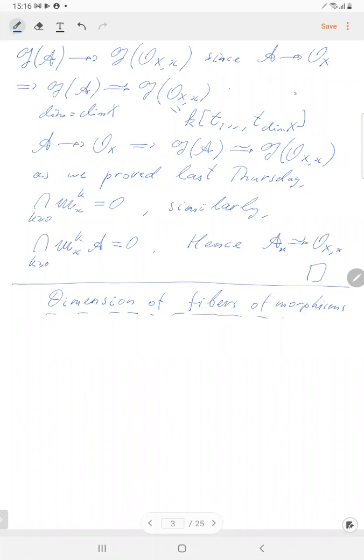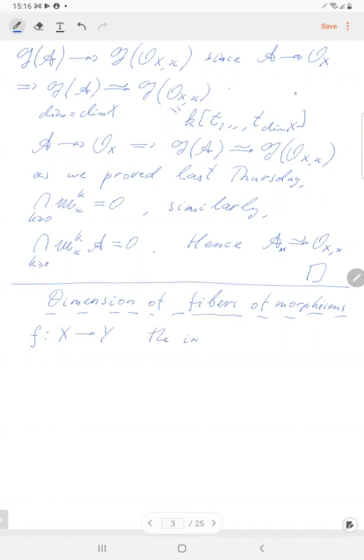Okay, so we'll have a morphism f from X to Y, and we will consider its image, but its image can be somewhat bad. Maybe we already discussed this half a year ago. Let's discuss once again.